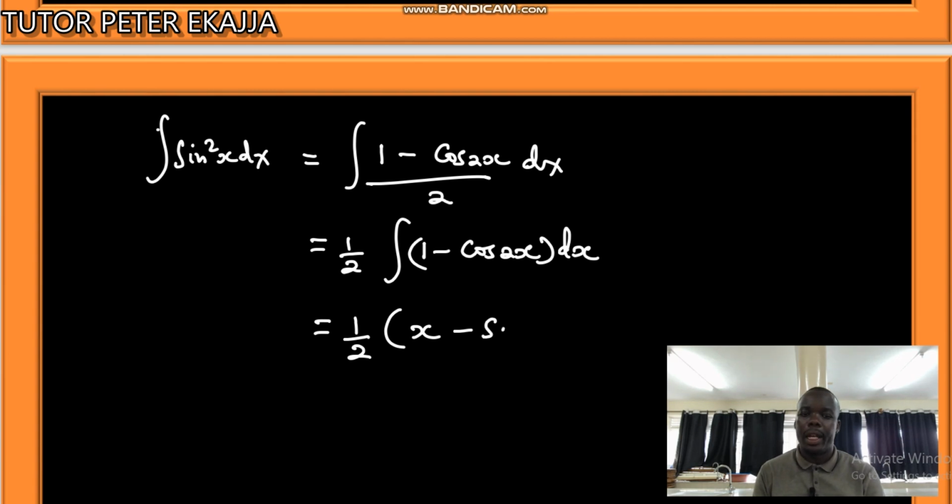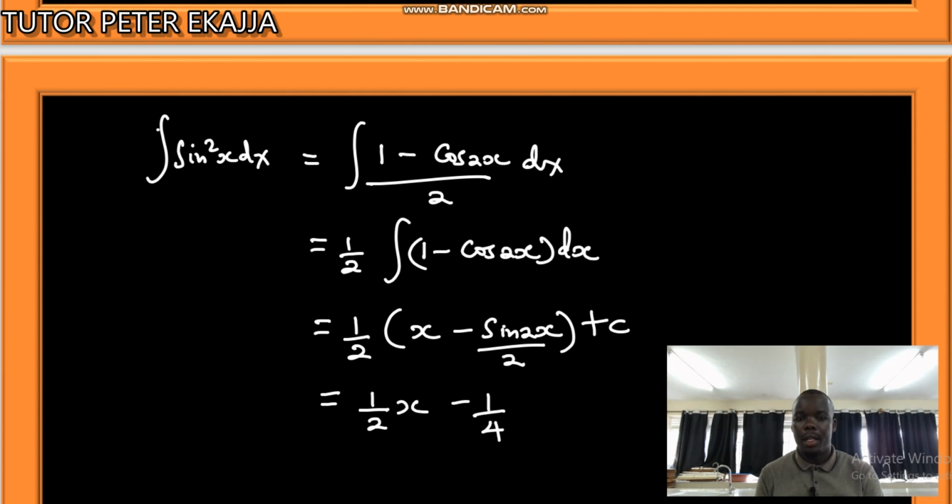You will actually get sine 2x but divided by the derivative of the angle, and so plus an arbitrary constant of integration. That means when you open the brackets, you will have a half x minus a quarter sine of 2x plus a constant. That becomes the integral of sine squared of x with respect to x.